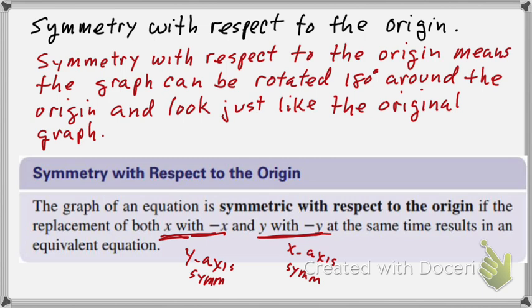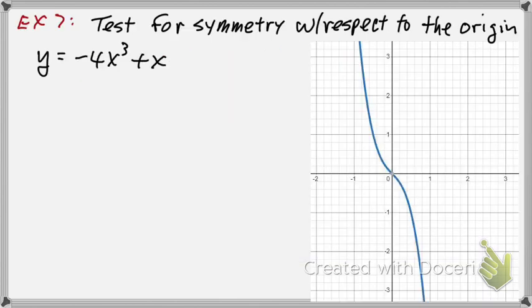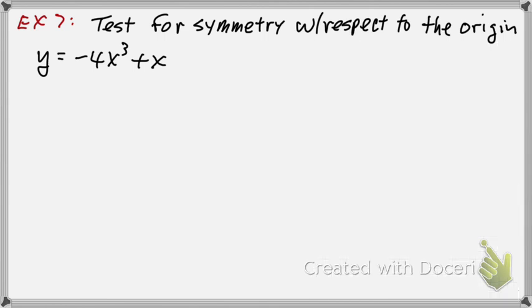Okay, we're getting there. Let's try one here. I want to know if it's got symmetry about the origin. We've got two last examples here. Here's example 7.